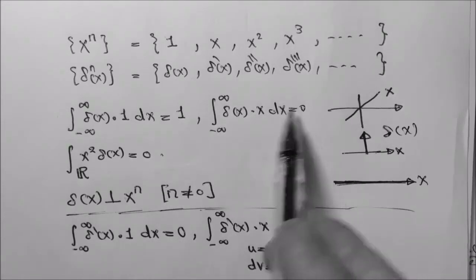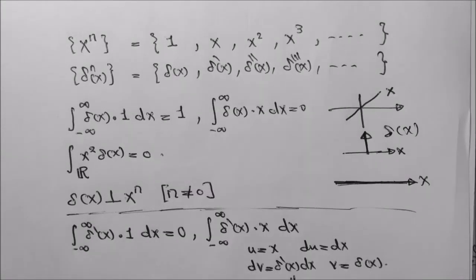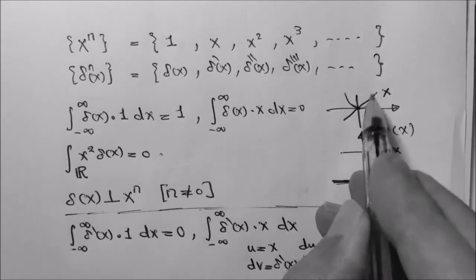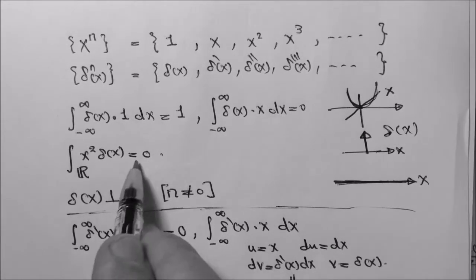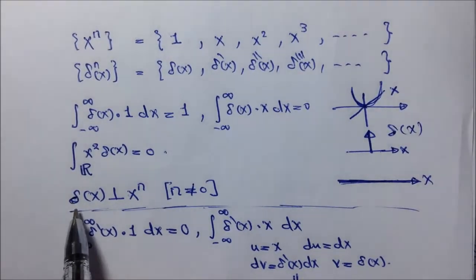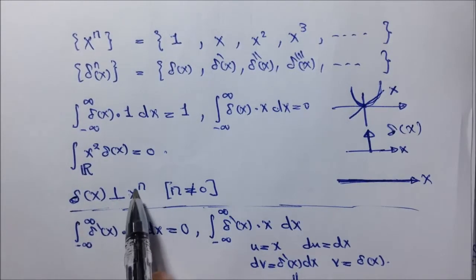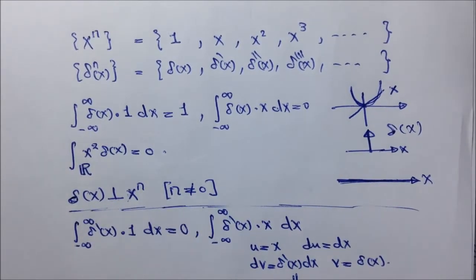So they are orthogonal. And then delta of x with x squared, obviously the result is 0 again, because if you multiply x squared with delta of x, you'll get 0. So in general, delta of x is always orthogonal to x to power n except for n equals 0.